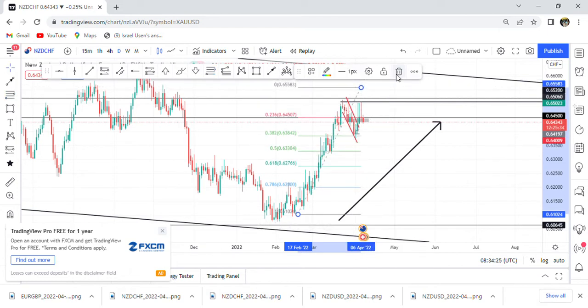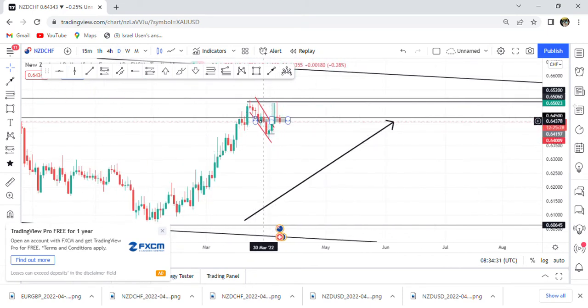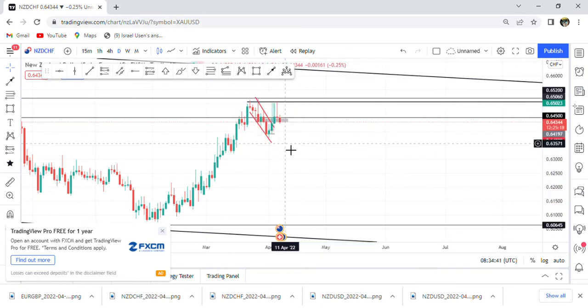That's where price rejected. Then it was clear that we're having a bullish flag pattern. So most likely I knew price was going to go up in a breakout, probably to this point here.